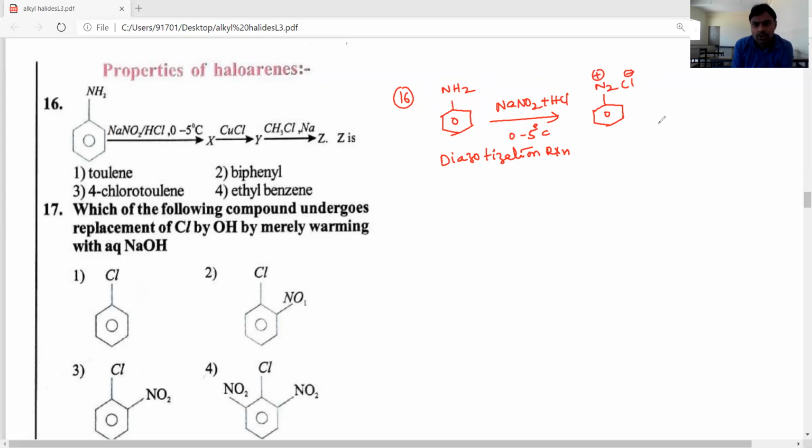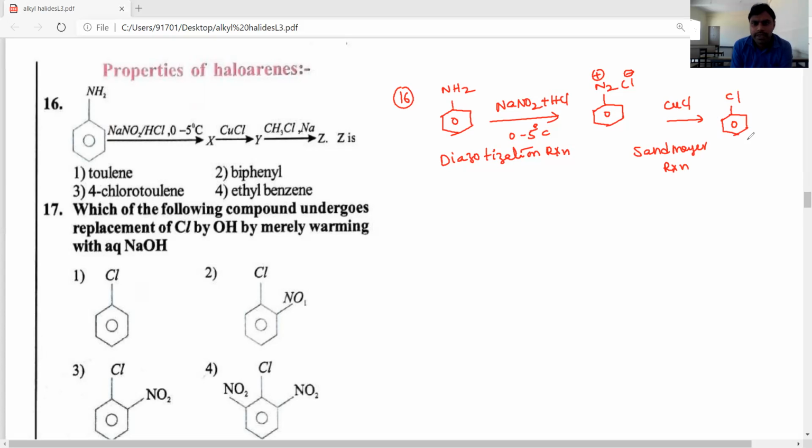This benzene diazonium chloride is treated with cuprous chloride, which means it is a Sandmeyer reaction. Then the product is chlorobenzene.